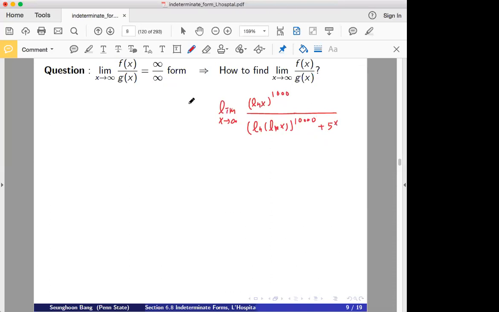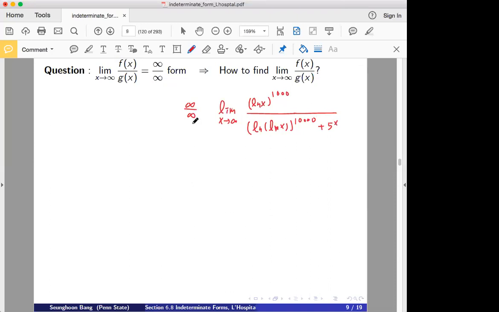This is exactly infinity over infinity form. How can you solve this problem? Yes, we can use L'Hopital's rule, but you would have to use it 10,000 times. You can spend a long time solving this problem. So how can you solve this problem very quickly?